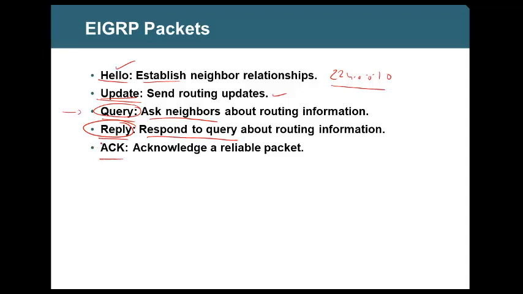And now for an update, query, and reply, there is always an acknowledgement sent. When a router sends an update, an acknowledgement is sent. When a router sends a query, whoever receives the query will send an acknowledgement. And when a router replies, an acknowledgement is sent.